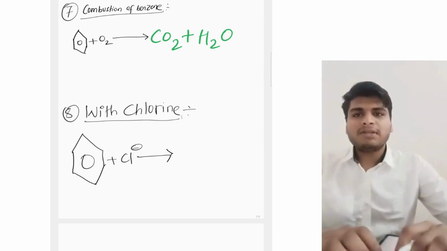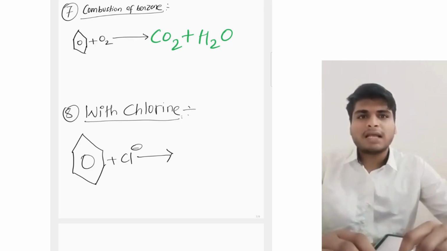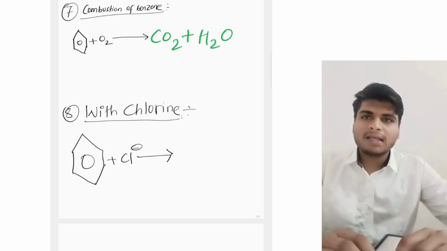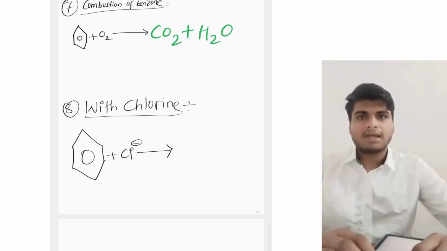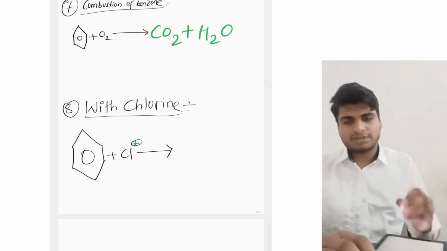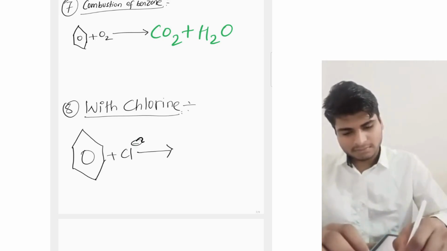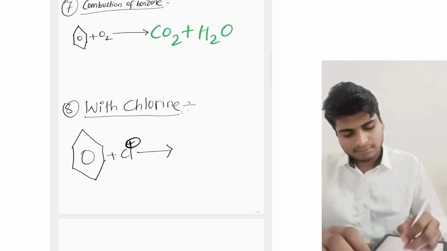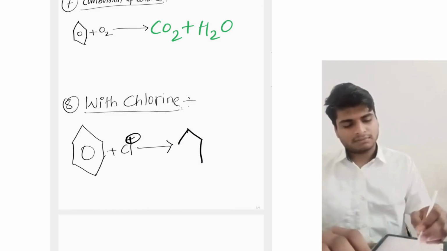Now during the chlorination of benzene, anhydrous AlCl3, being a Lewis acid, helps in generation of the electrophile Cl plus by combining with the attacking reagent. The electrophile Cl plus attacks the benzene ring in these reactions, and this will be the positive electrophile.